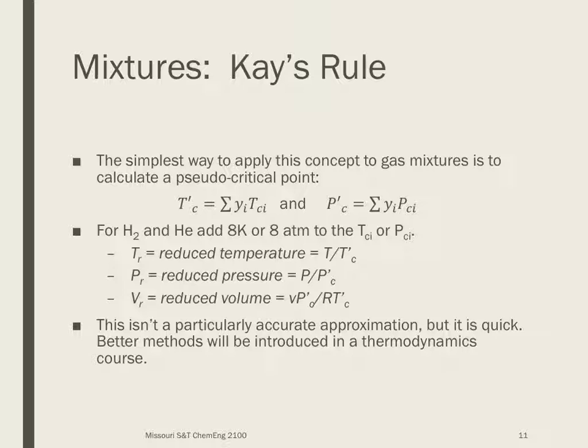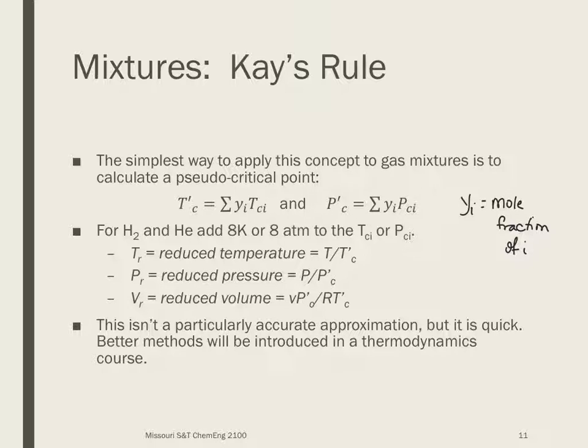But the pseudo-critical point uses the gas mole fraction, so the y_i is the mole fraction of i, and it's going to use weighted fractions of the temperature or the pressure to calculate a pseudo-critical temperature of the mixture or a pseudo-critical pressure for the mixture.